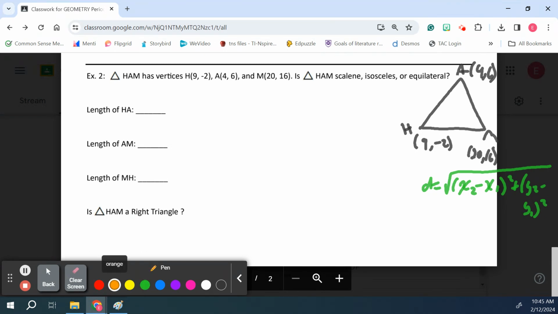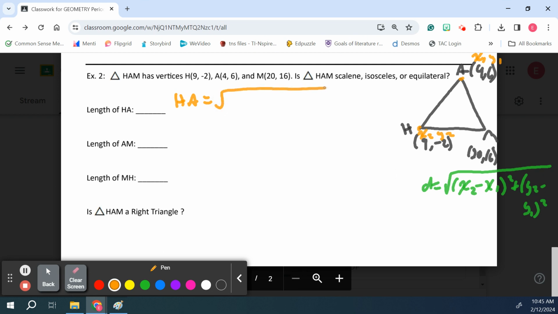Now this first one I'm going to perform in orange. So HA. I have it where this is point 2 and this is my point 1.